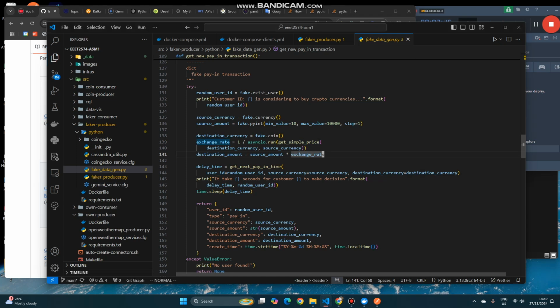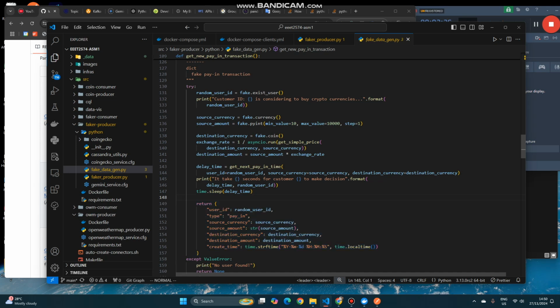We get the price between the source currency and the destination currency, and we build the exchange rate. We multiply the randomly generated source amount by the exchange rate to get the destination amount. With this information, we send it to the Kafka cluster.